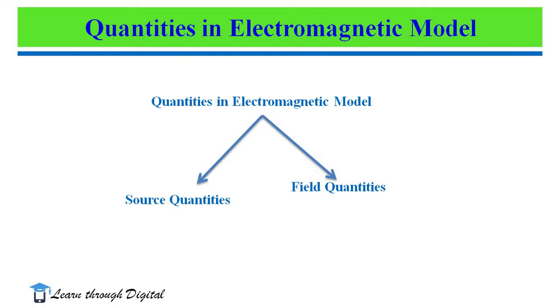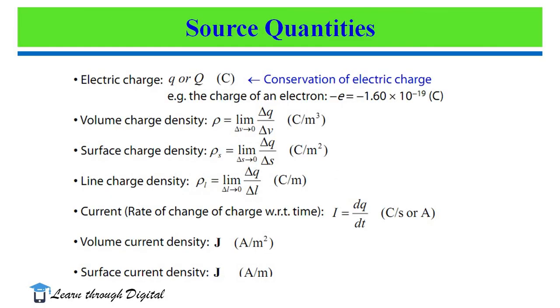We know that the source of an electromagnetic field is invariably electric charges at rest or in motion. Here I have listed the source quantities. Electric charge is represented by the capital letter Q. It denotes electric charge.